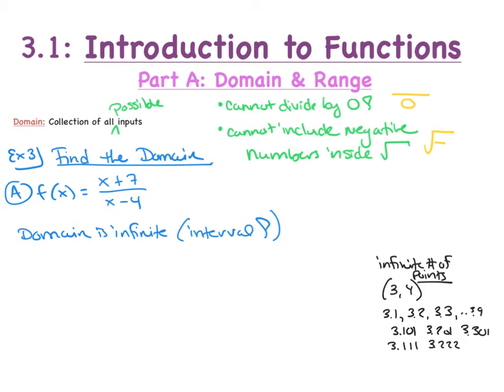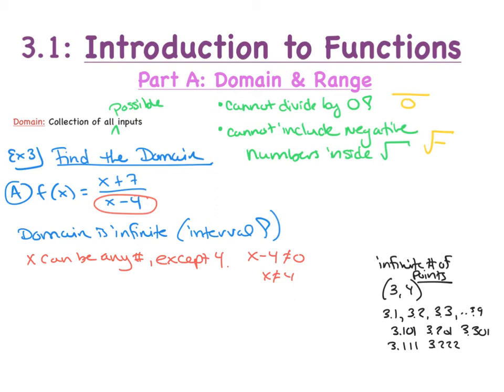I would really like to write the domain of this as x can be any number except for 4, because when x minus 4 equals 0, that would make our denominator equal to 0. So I'd like to say x cannot be equal to 4. That's in English. That's not interval notation.